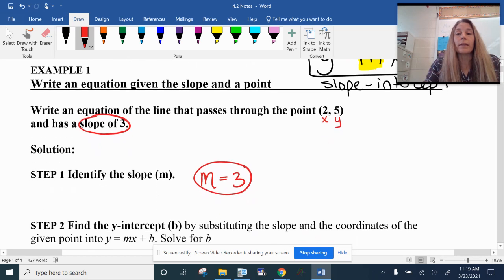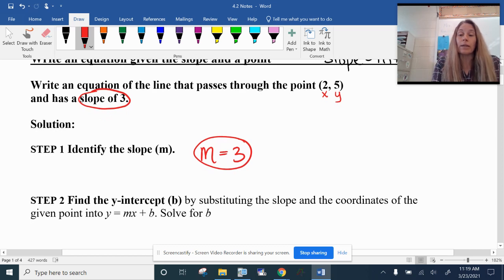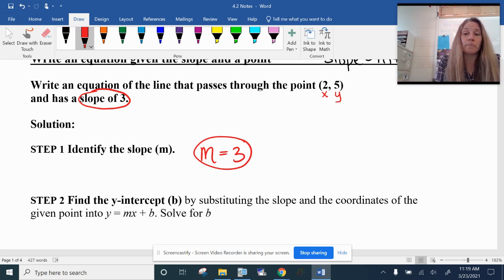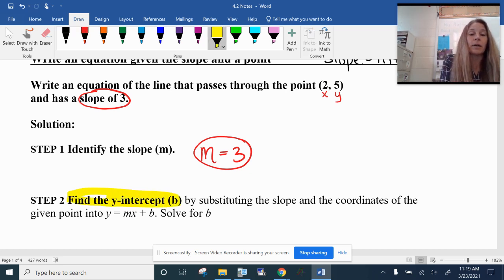However, the point that they gave us is not the y-intercept. It's just a different point on the line. And we know that because the x value is not 0. If the x value were 0, then the corresponding y value would be the y-intercept, but this one is not, just some other point.